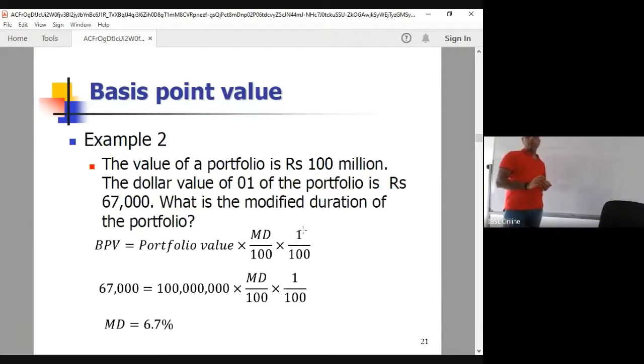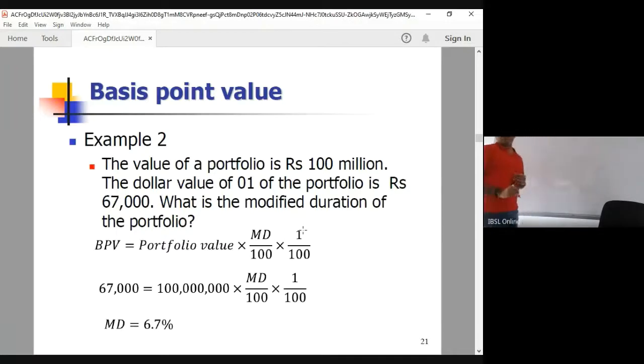So if you look at a portfolio of 100 million rupees, the DV1 of that portfolio is 67,000 rupees. So in other words, it's giving you the value, right? It's telling you that for a 100 million portfolio, the dollar value DV1 is 67,000 rupees. So this is DV1.